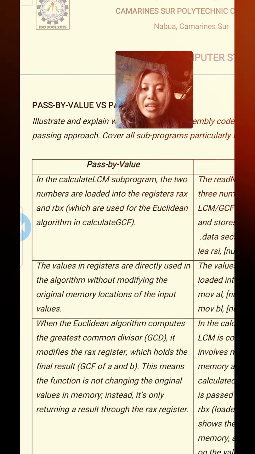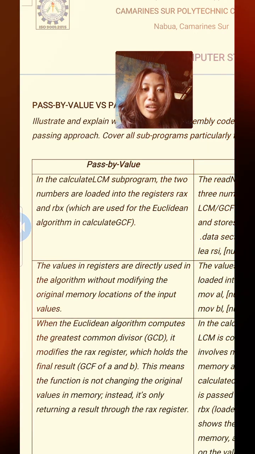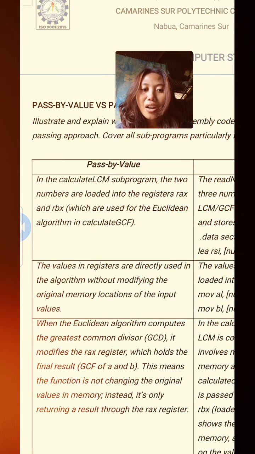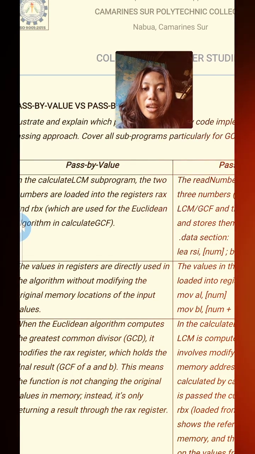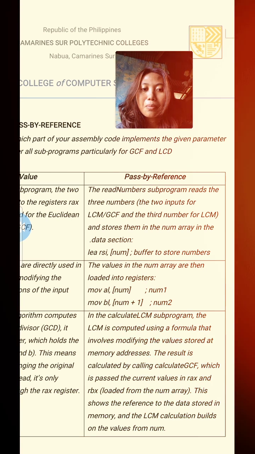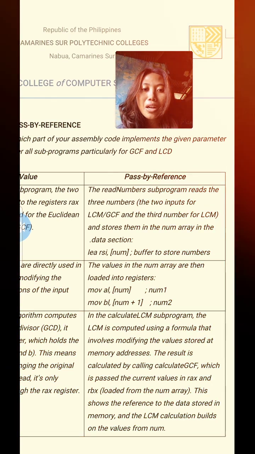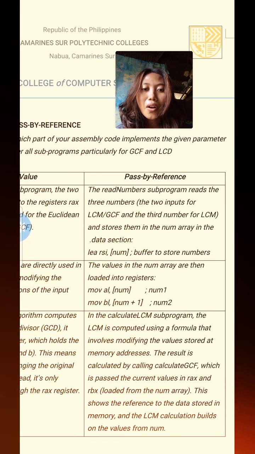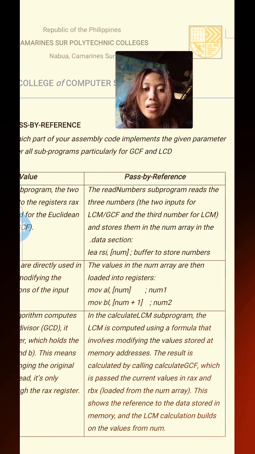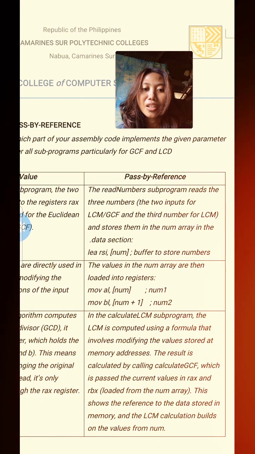Pass by value. In the calculate LCM subprogram, the two numbers are loaded into the registers RAX and RBX, which are used in the Euclidean algorithm to calculate the GCF. And pass by reference, the read number subprogram reads the three numbers, the two inputs for GCF and the third number for LCM, and stores them in the num array in the data section.